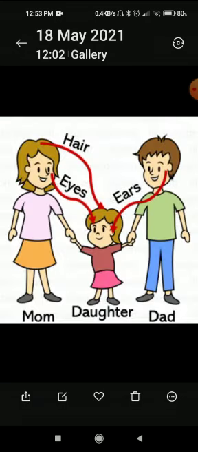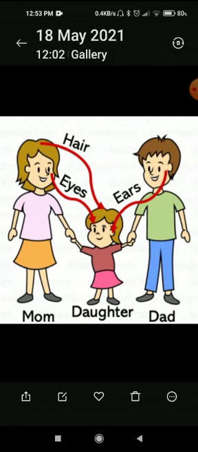The fourth one is heredity. Heredity is the passing of traits, that is, simple properties, from parents to their next generation. Similar characters are transferred from parents to their young ones. This is called heredity.